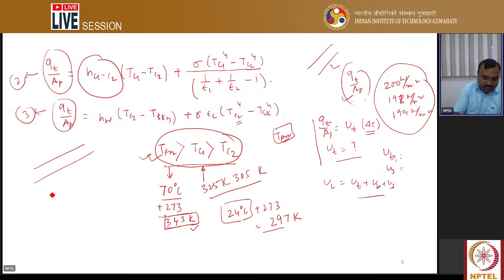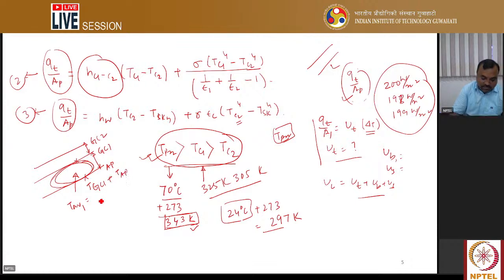And if we know the distance between the absorber plate, glass cover 1 and glass cover 2, and if we know the temperature here and here, then in order to find out the air properties here, we need to take the average temperature of these two plates. So if we consider the average air properties to be evaluated, then we take TC1 or GC1 plus T absorber plate, divided by 2.